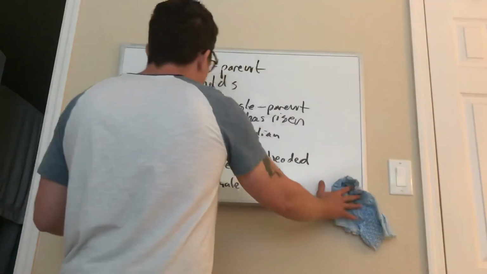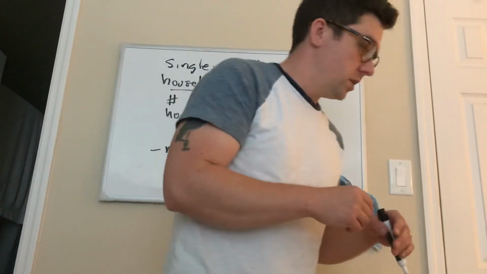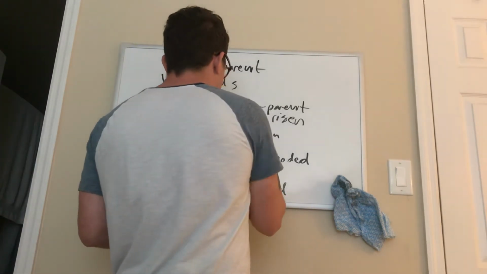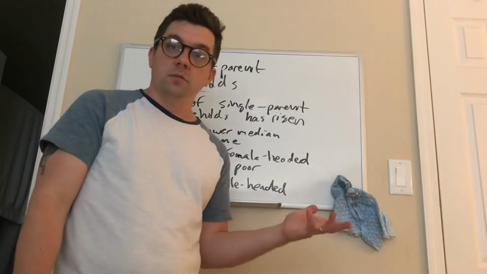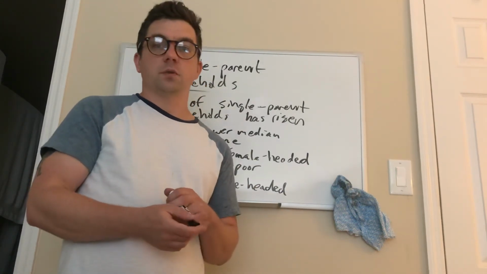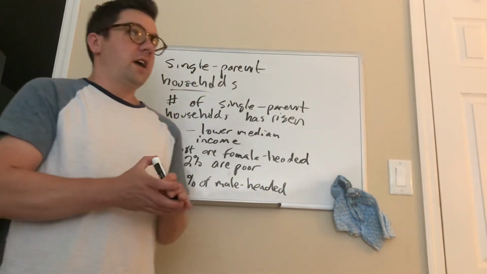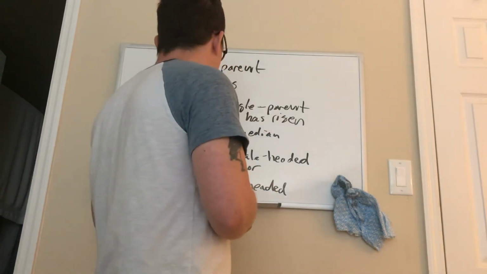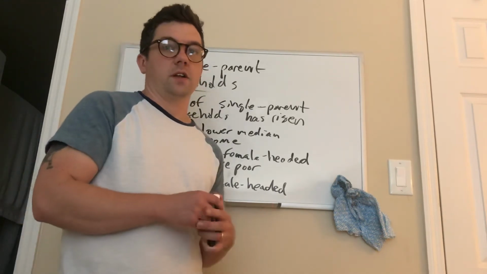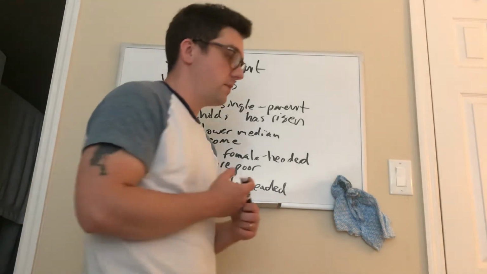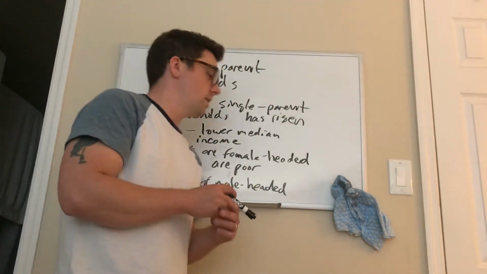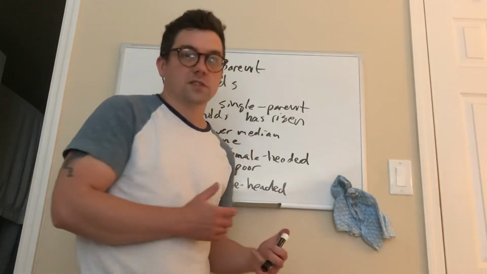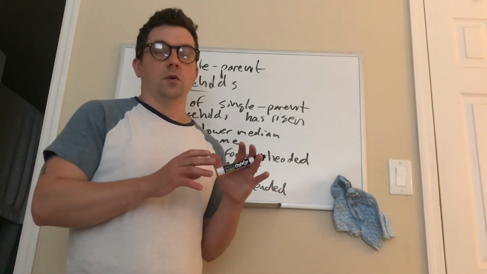I think the book talks about race and ethnicity with respect to single-parent households. You see a lot of female-headed single-parent households in African-American communities, for instance. But if you look at the situation that African-American families have faced for decades, you might make sense of the fact that there are so many female-headed single-parent households within African-American communities, because African-Americans were subject to different forms of institutional racism, institutions that aren't the family.